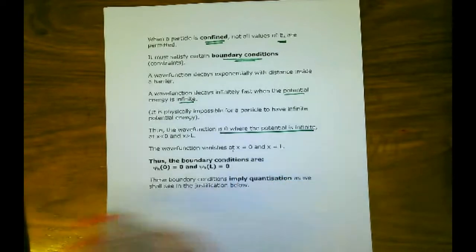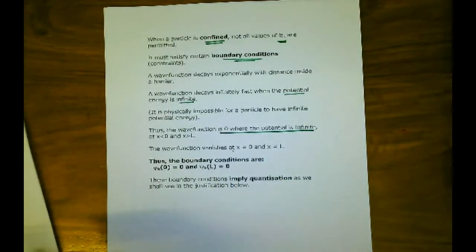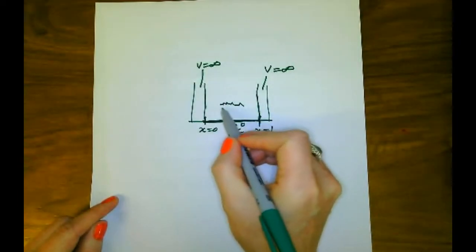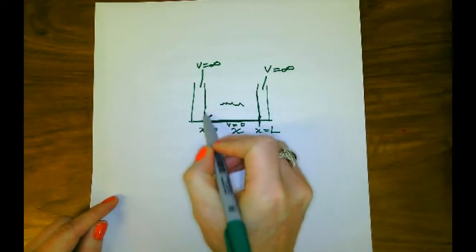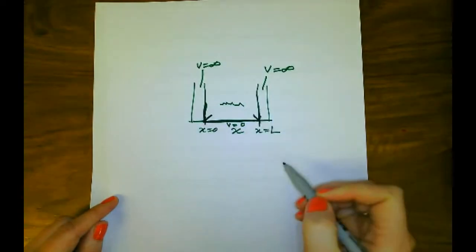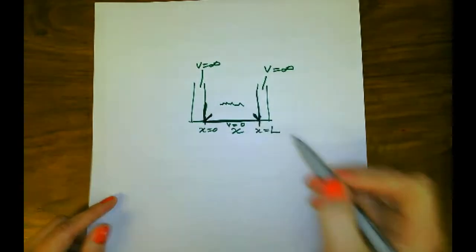So your wave function in this case, where x goes to 0 and x goes to L, has to go to 0. So whatever your wave function looks like inside the box, here at x equal to 0, where the potential energy goes to infinity, the wave function has to go to 0. So these are our two boundary conditions.